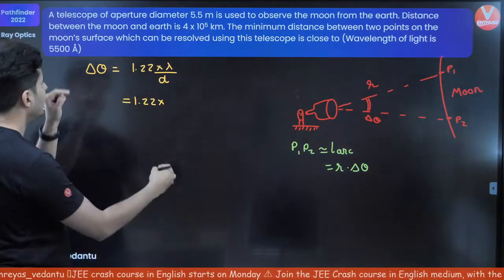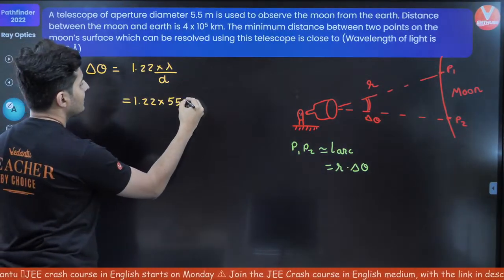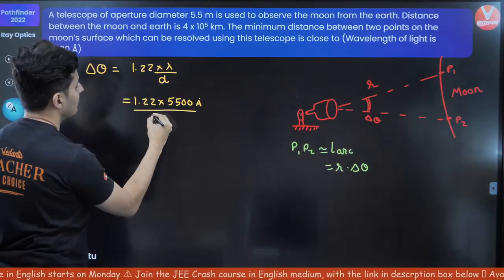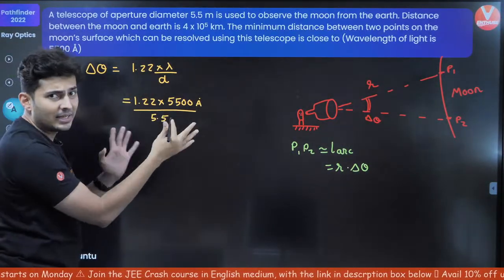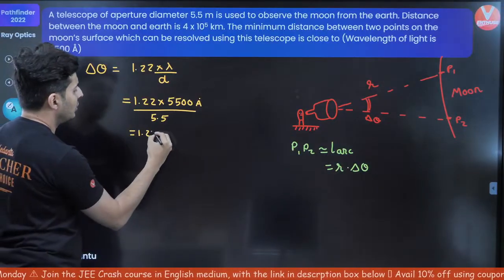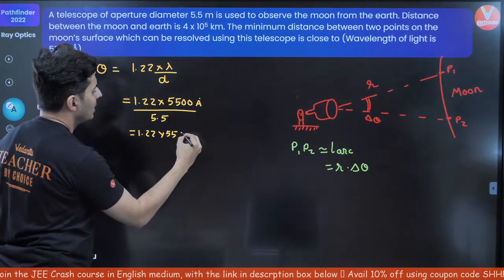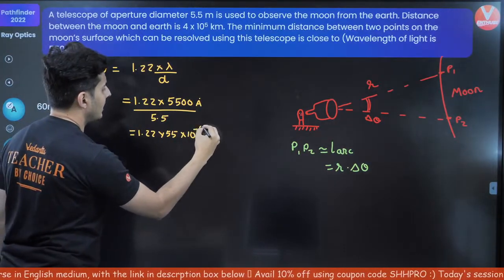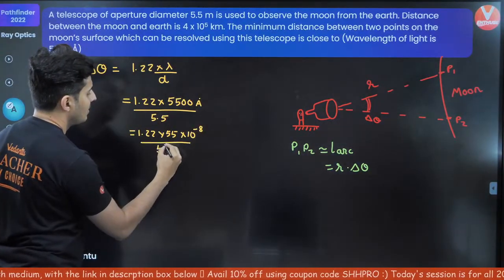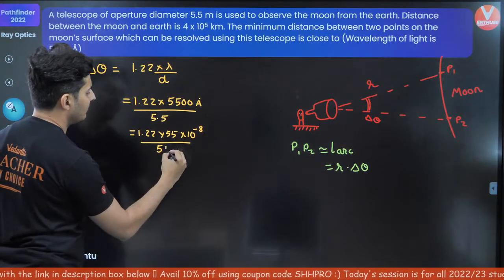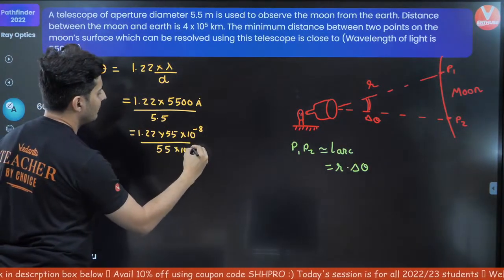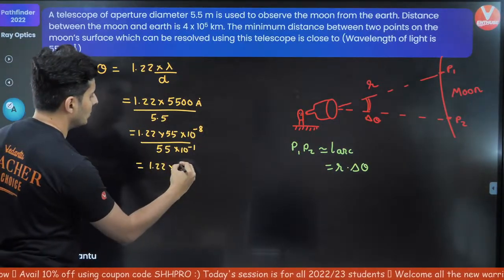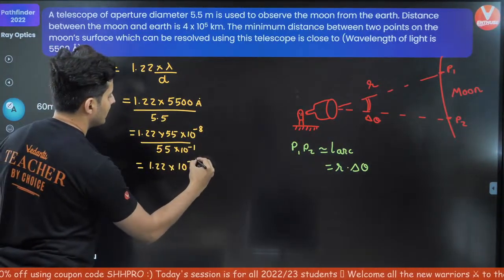Lambda is 5500 Angstrom, divided by d, which is 5.5. So bring it into proper powers. 1.22 into 55 Angstrom, 10 to the power minus 10, 10 to the power 2, so 10 to the power minus 8, divided by 5.5. I'll just put it as 55 into 10 to the power minus 1. So this will be nothing but 1.22 into 10 to the power minus 7.